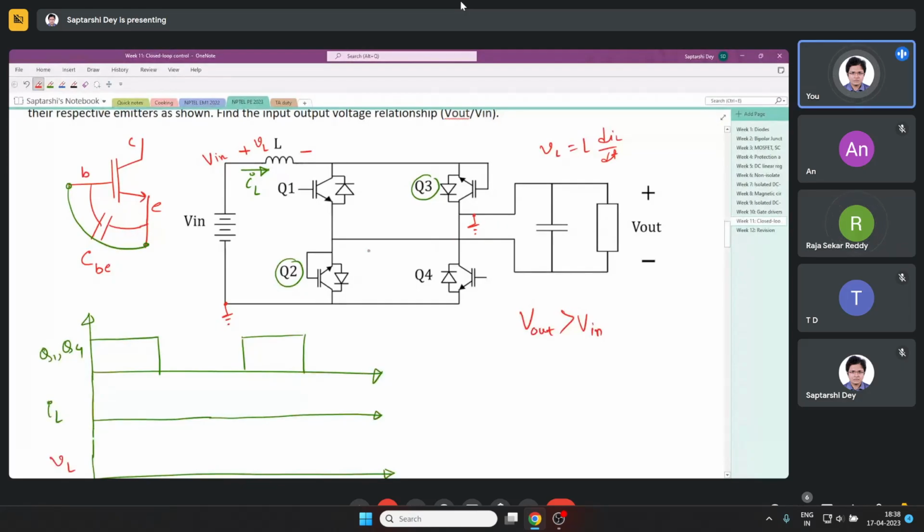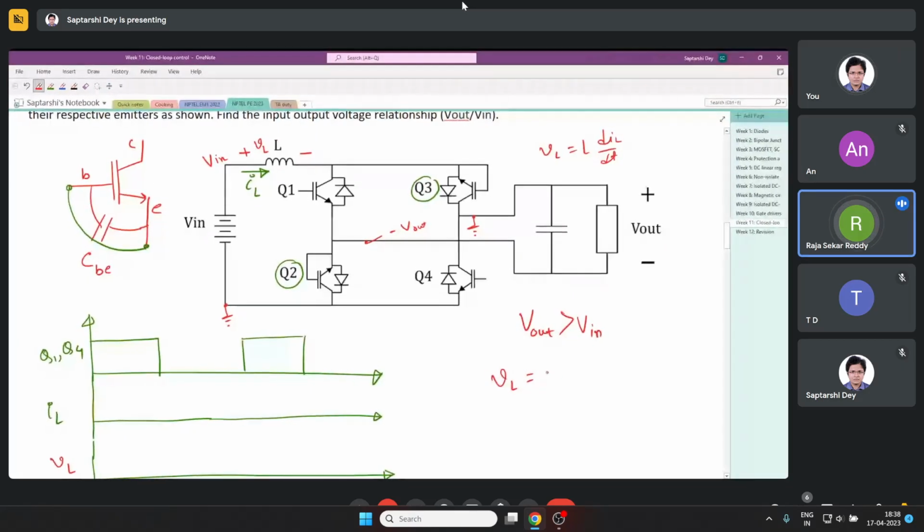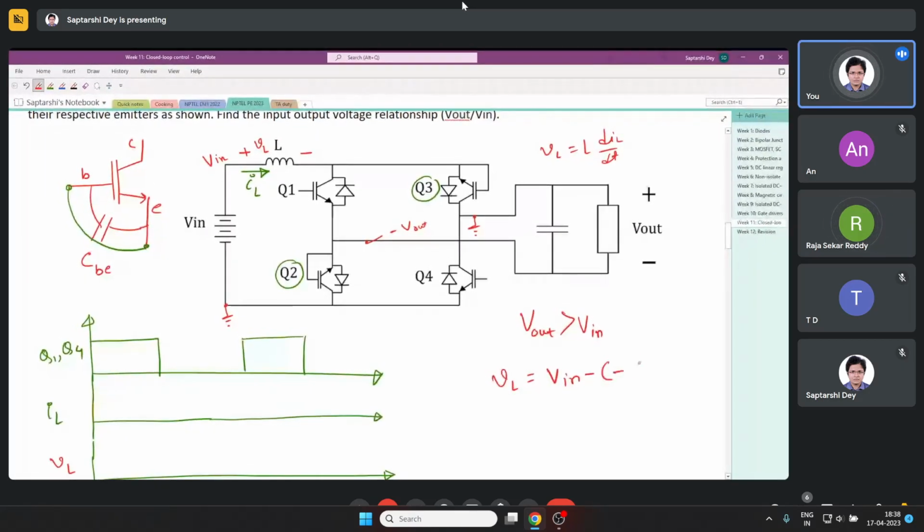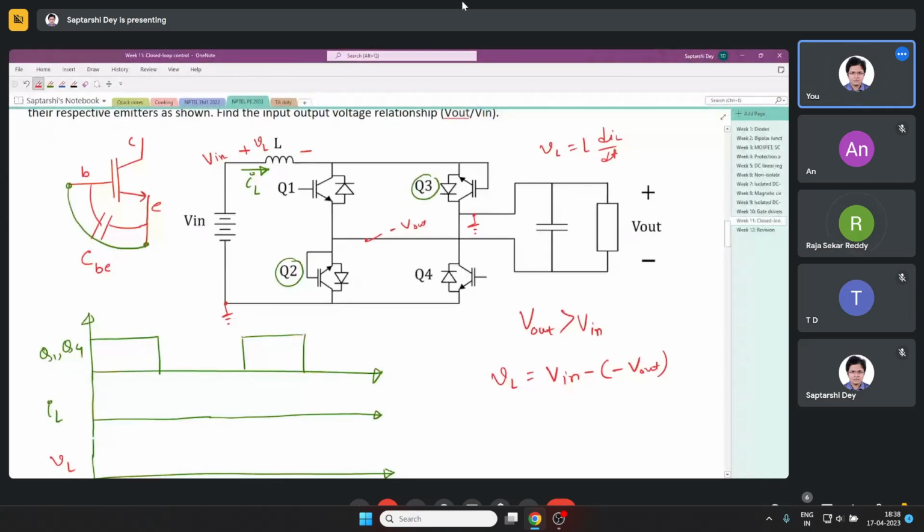If this is at ground, then this is minus V out. So during this time my inductor voltage VL is V in minus minus V out, so V in plus V out. Am I correct?